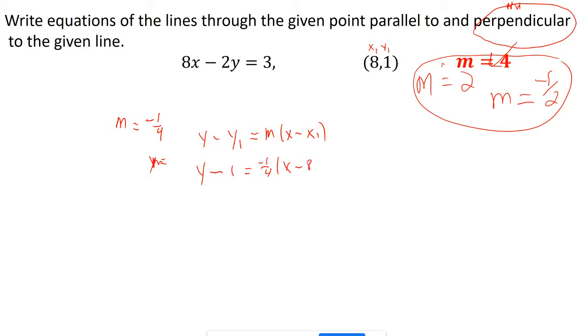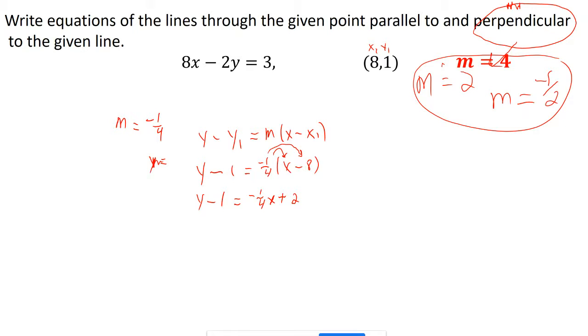And then our x1 is 8. Okay, so let's simplify here. So I'm going to have y minus 1 is equal to, distribute the negative 1/4, negative 1/4 x. And negative 1/4 times negative 8 is going to be what? A plus 2.